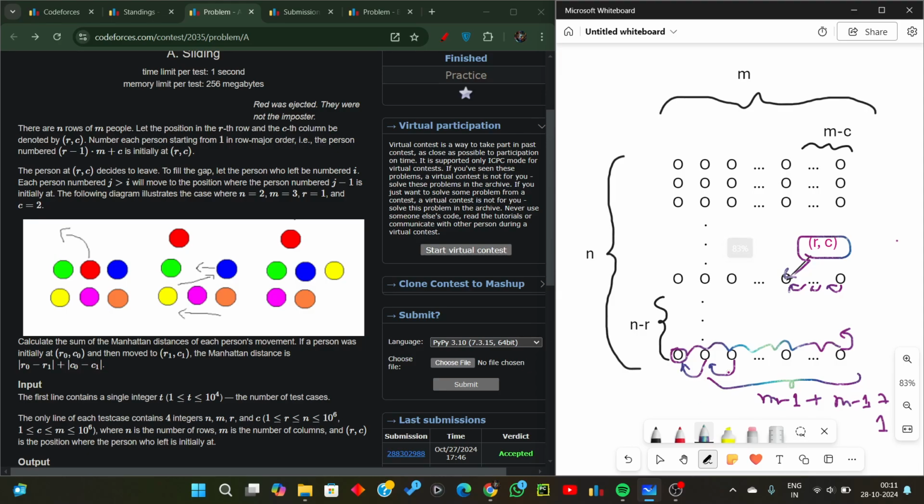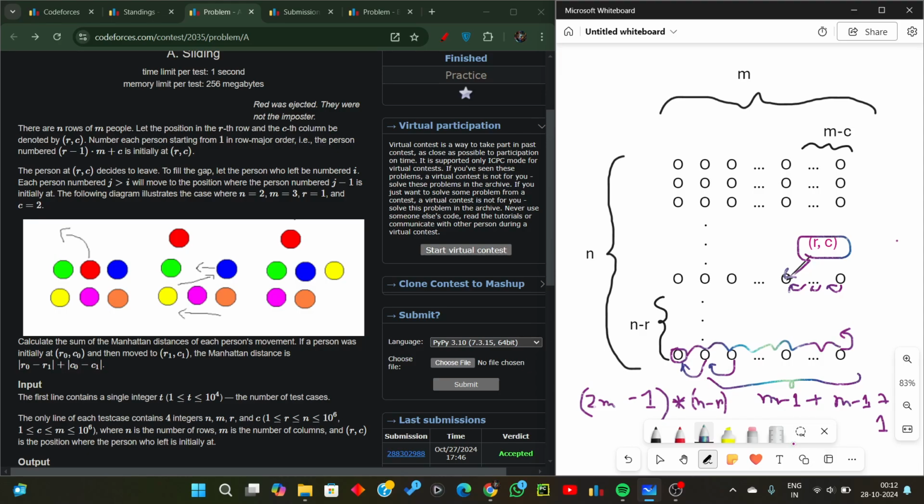So the total Manhattan distance contributed by this row is 2m minus 1. Now here you can see that there are n minus r such rows. So multiply it by n minus r.